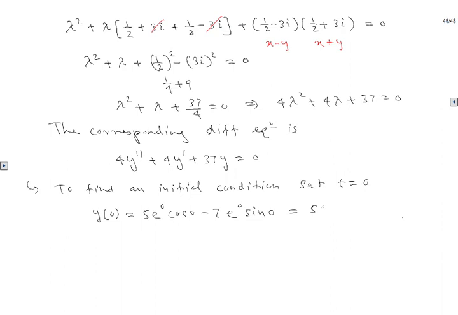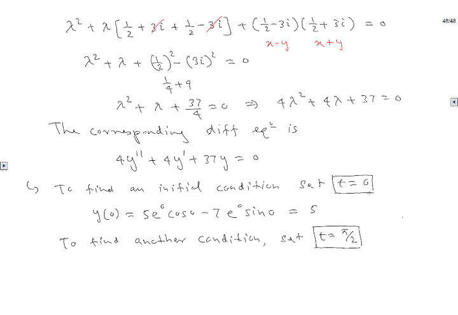So for example, to find another condition, we're going to set t equal pi over 2. Why do we do that? Because you can see that's going to simplify the equation a little easier, because we have a cosine term that's going to go to 0. So that's why we pick these values. You can pick pretty much any value.